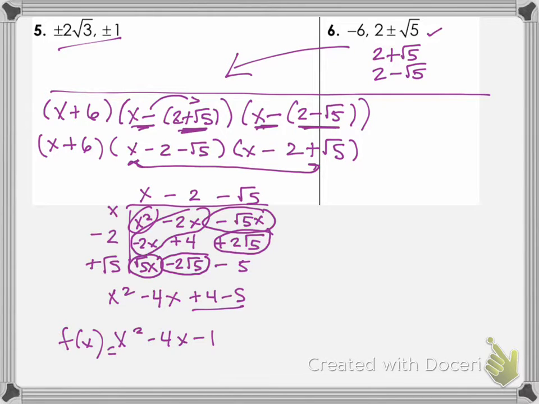X squared minus 4x minus 1. Did I do something wrong? Let's see. I'm trying to see which one I'm on here. Did something wrong.